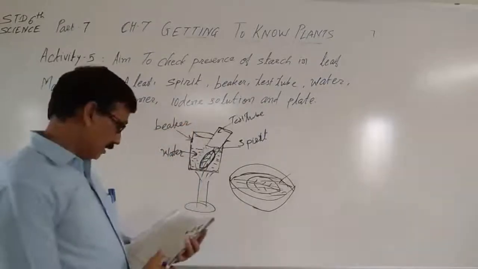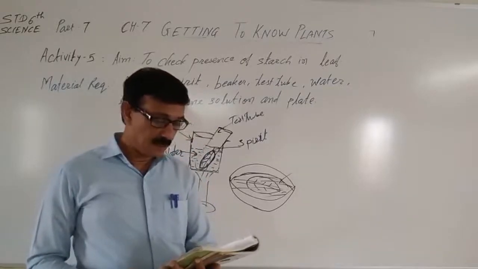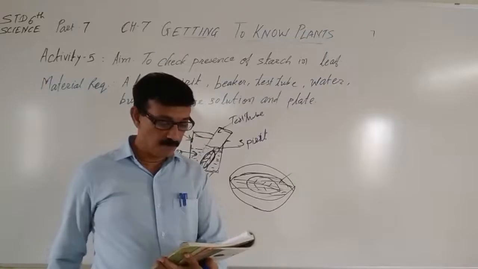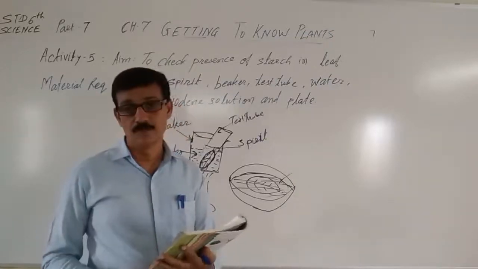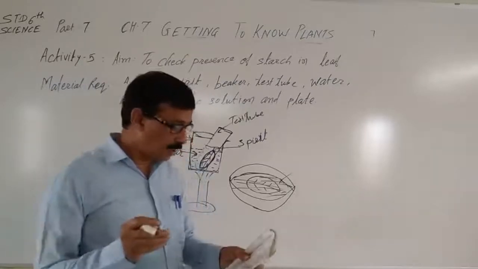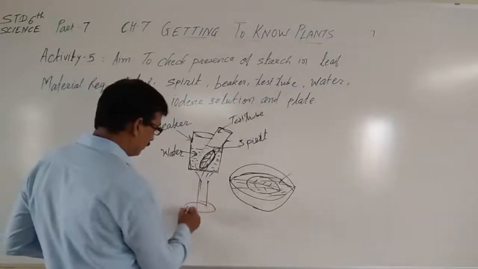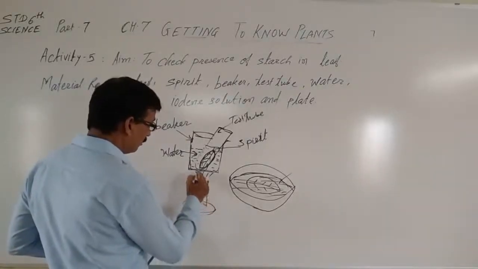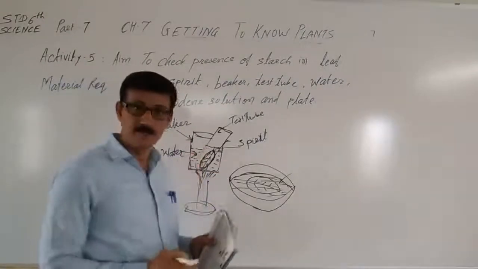Then heat the beaker till all the green color from the leaf comes out into the spirit in the test tube. Now what we have to do? We have to heat the beaker. See, here you can see there is a burner, and we have started the burner, so it is heating the beaker.